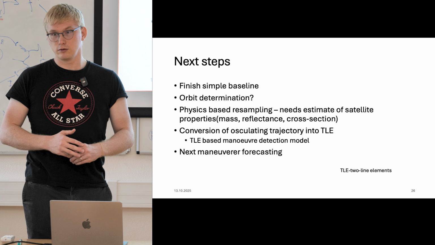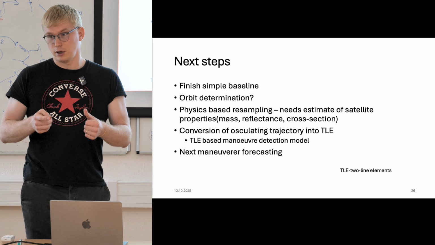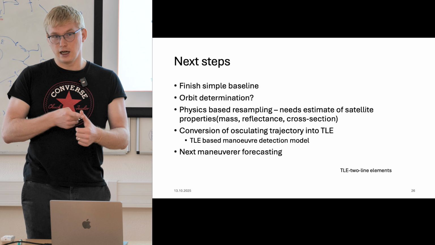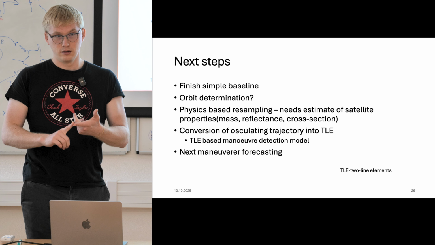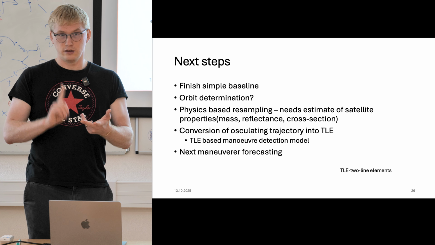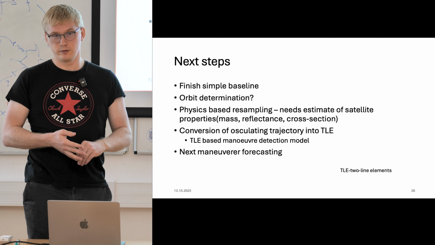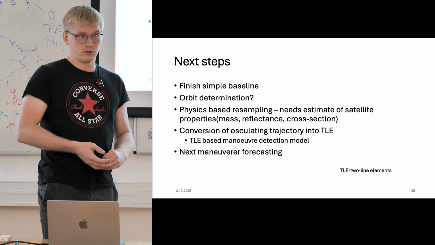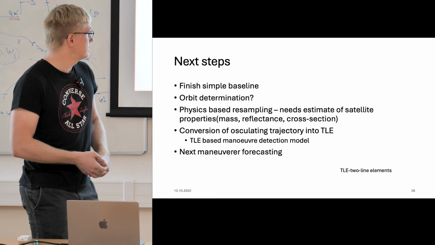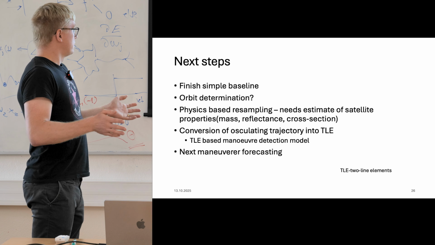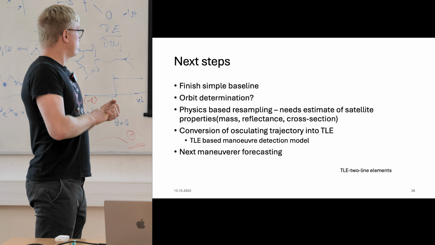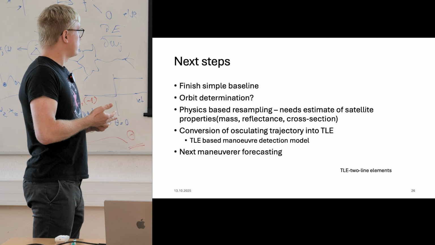But for that you need to correctly estimate the parameters of the satellite, so basically the mass, the cross-section and the reflectance, and you need to estimate that again from the observation in order for the propagator to behave nicely. So that's something we can do.